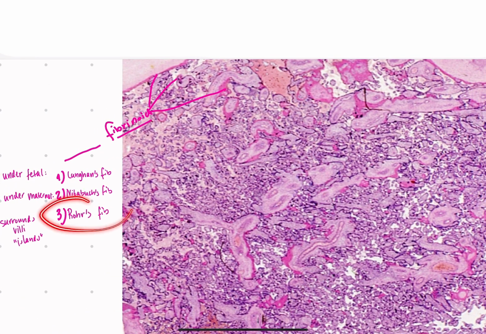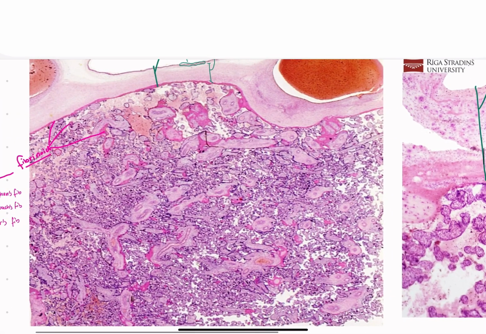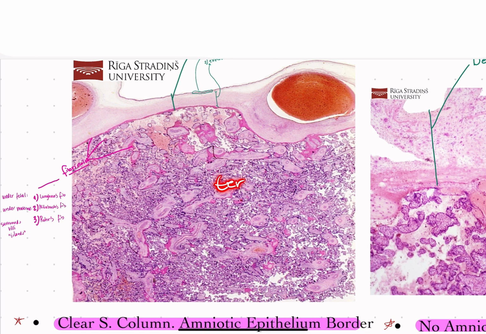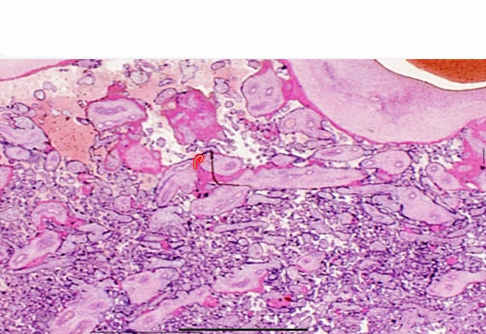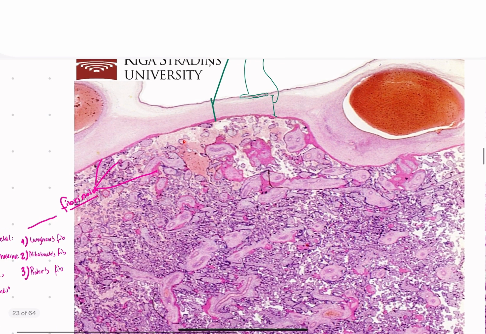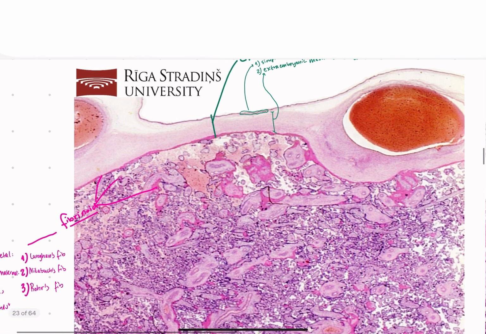Okay, and then the third type of fibrinoid: if you see all of these tertiary villi, all of these islands, don't write islands in the colloquium, again, I beg of you, they also have this pink fibrinoid surrounding them. All of that isn't directly connected to the line underneath the chorionic plate.